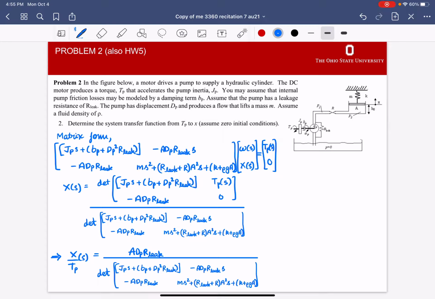Then using Cramer's rule, we can come up with an expression to solve for the location x, and if you evaluate the determinant of this particular numerator, you will end up with a T P S that's multiplying over here. You're just taking that to the bottom. That gives us the transfer function, and there you go. So that's what we wanted to evaluate: the transfer function of X(s) to the torque.